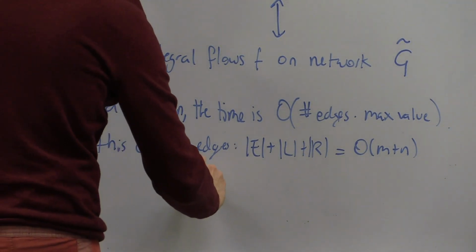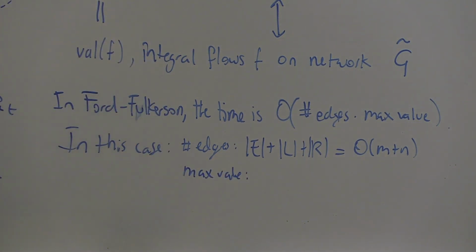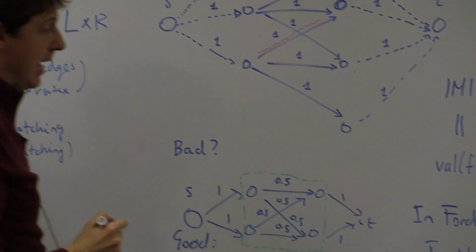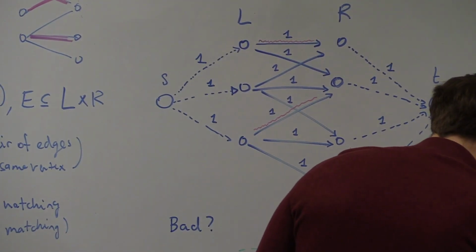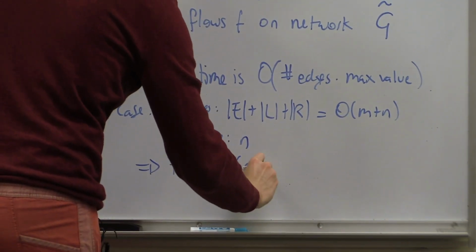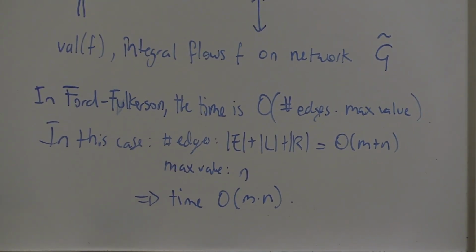And the max value of the flow is certainly no more than this cut, and this cut would be N. So the running time to solve bipartite matching is M times N. It actually is strictly polynomial time in this particular case.